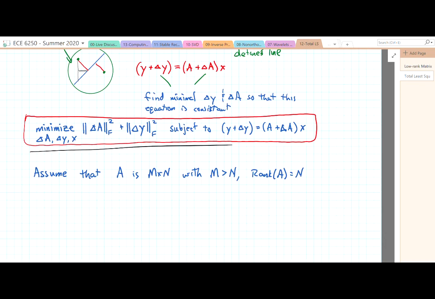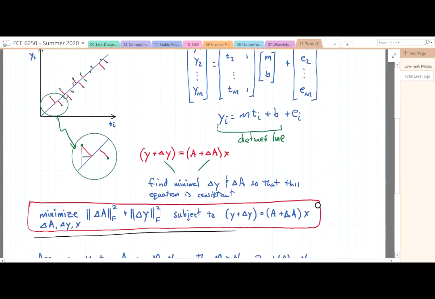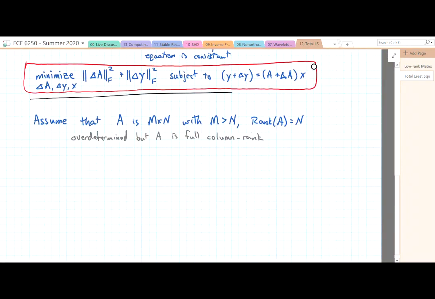So this is a situation where we have an overdetermined system, but A is full column rank. Much like what we just used previously as an example of line fitting points. So this would be something that fits that.